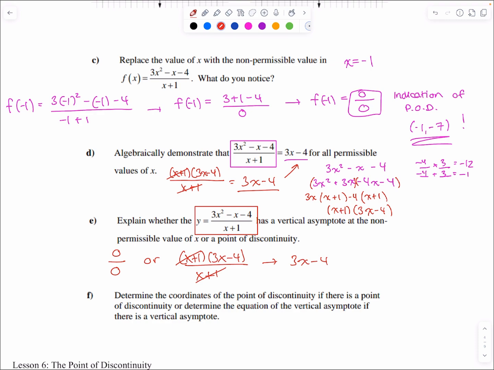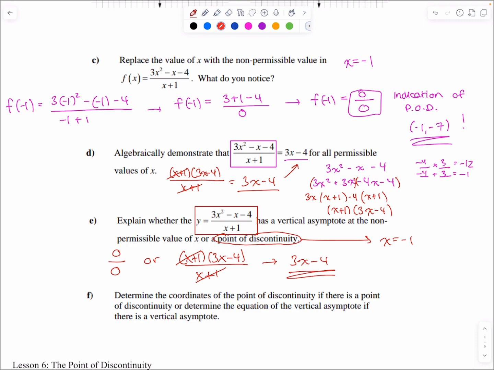That x plus 1 in the denominator is no longer represented when we look at it in terms of this line, but there still is something happening there. We actually do not have a vertical asymptote occurring. We do have the second idea, and it's this point of discontinuity, occurring at x equal to negative 1.